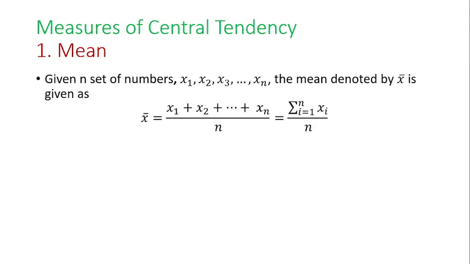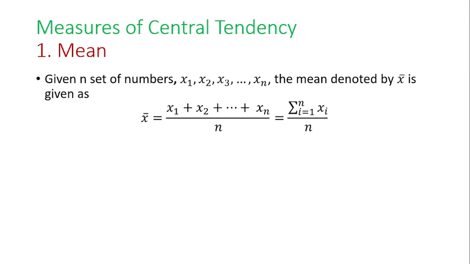You sum all the x values that you have: x1 plus x2 plus x3 up to plus xn. Then you divide it by n. n is the total number of values. If you have 100 data, your n is 100. If you have 20 data, your n is 20.